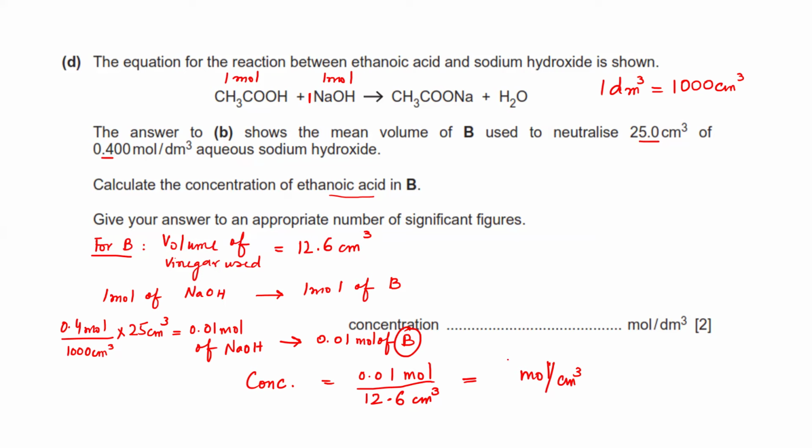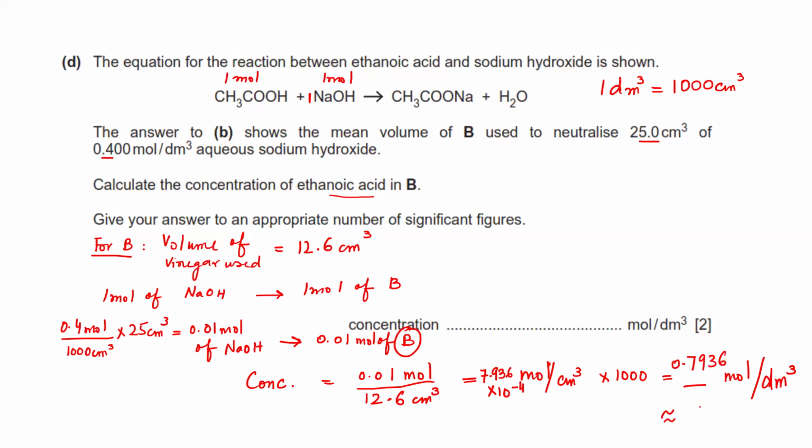It comes out to be 7.936 mole per centimeter, and I have to multiply it by 1000 to get concentration in mole per decimeter cube. So simplifying it, multiply by 1000. This was for 10 to the power minus 4. So this comes out to be 0.7936.